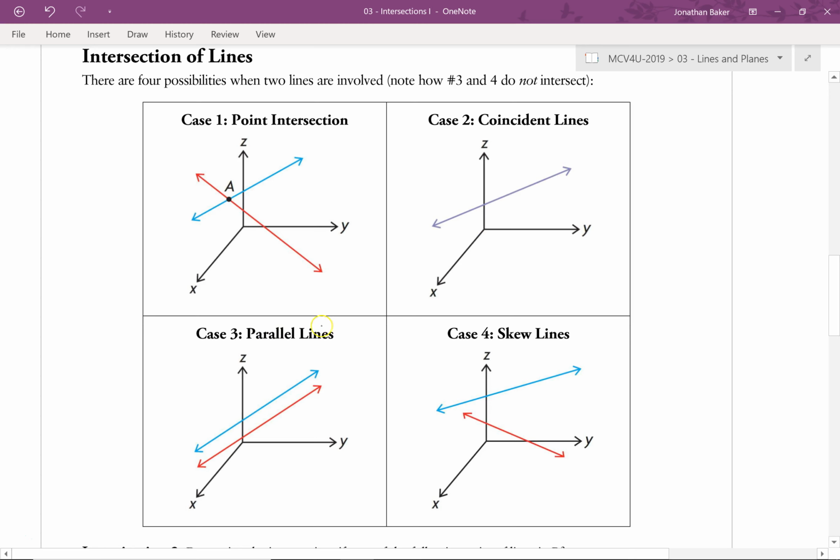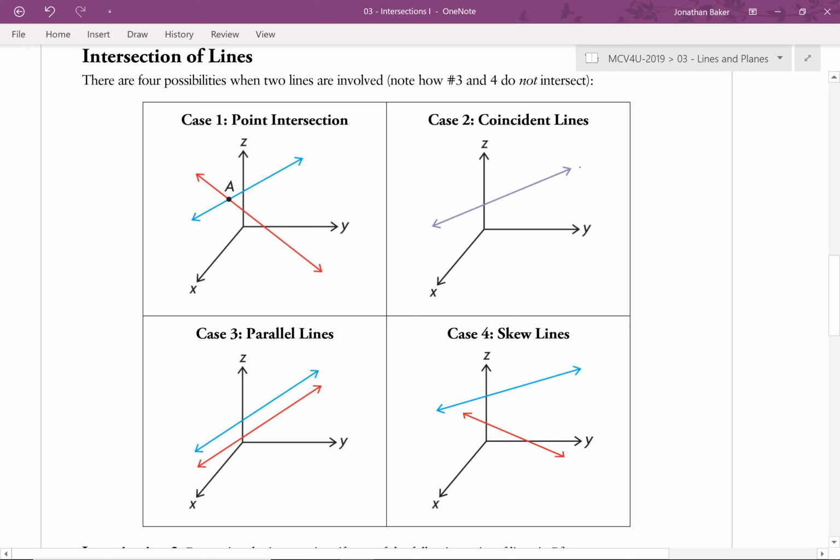You can have parallel lines where their direction vectors are collinear but the lines do not touch, and therefore there is no intersection. And of course you can have another case where they are skew. Skew lines means that they are not parallel and they do not connect at any points. They kind of miss each other. And of course for case 2, I should have said that the intersection is all the points on the line.